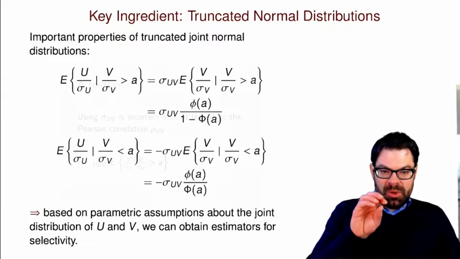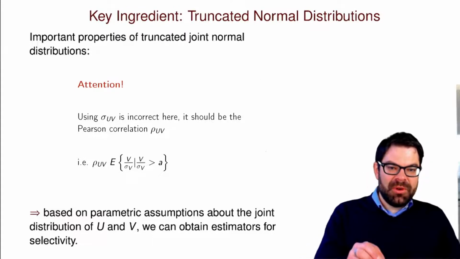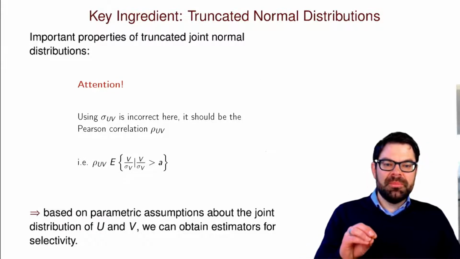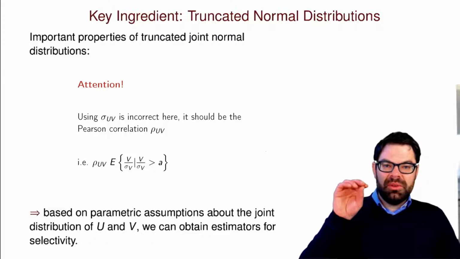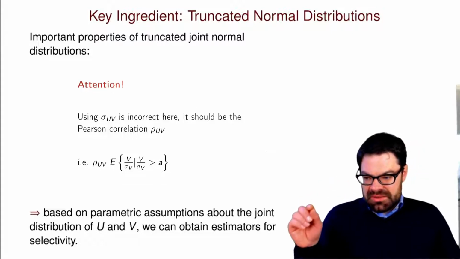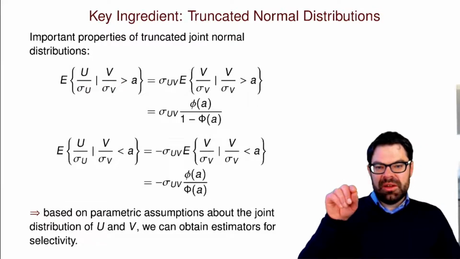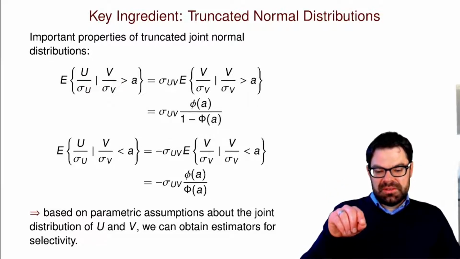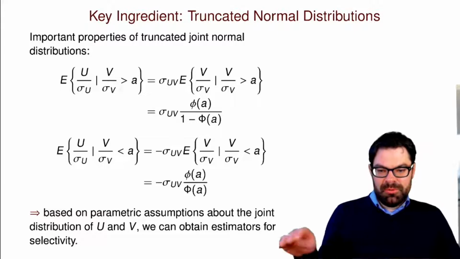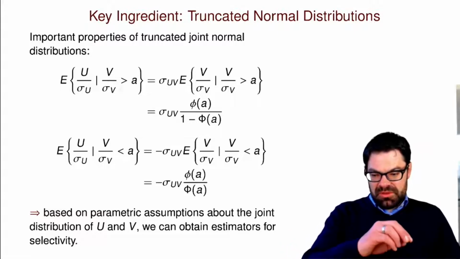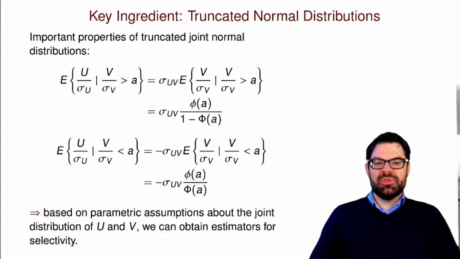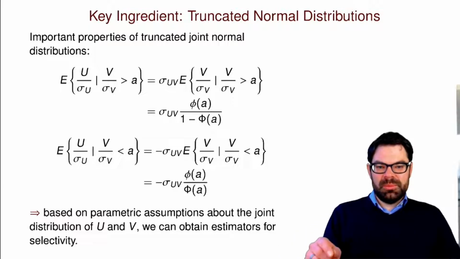Now, if we want to go one step further, and this is what we need for Heckman's selection model, we need to think not only about the truncated distribution of one variable, but about the truncated normal distribution of at least two variables that are jointly normally distributed.